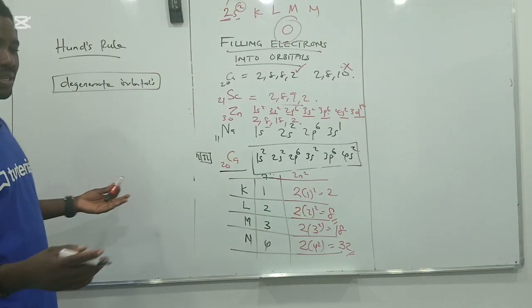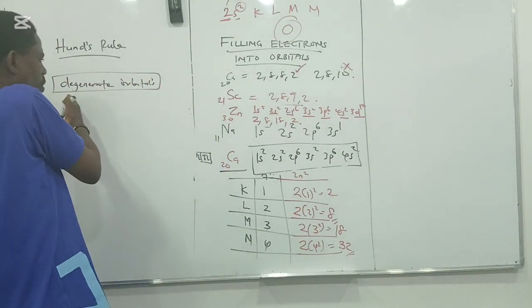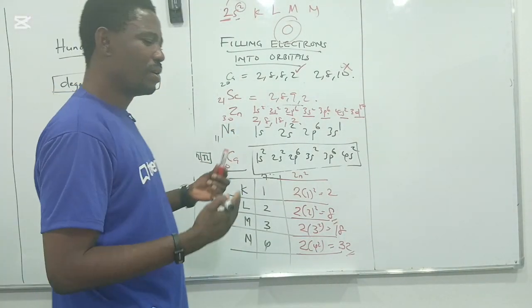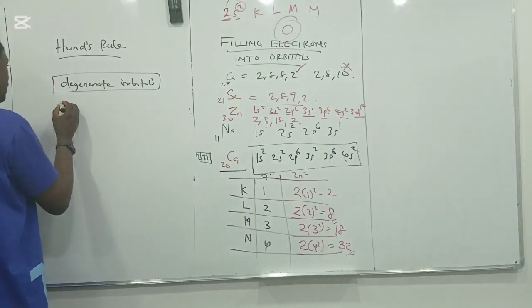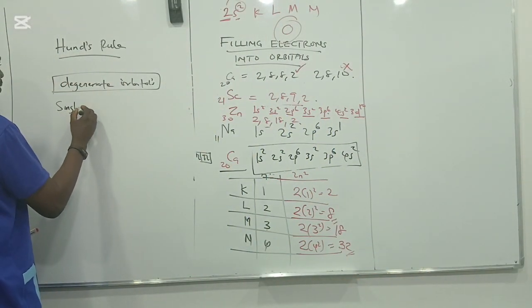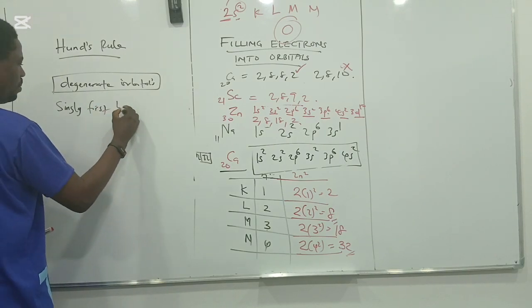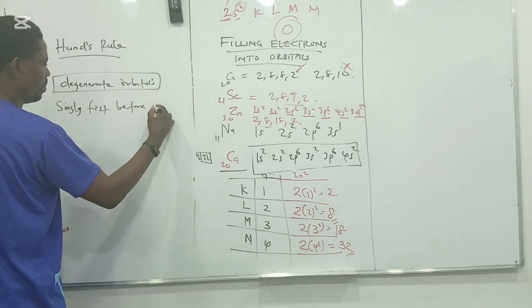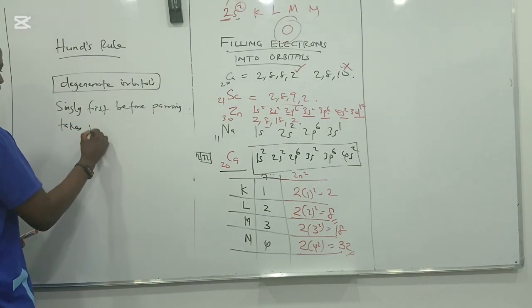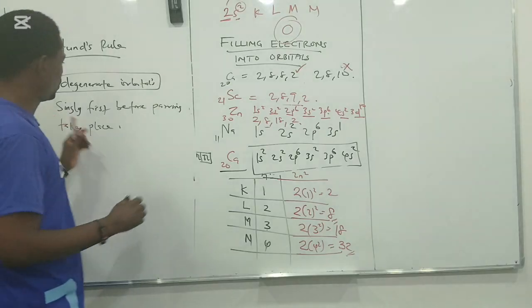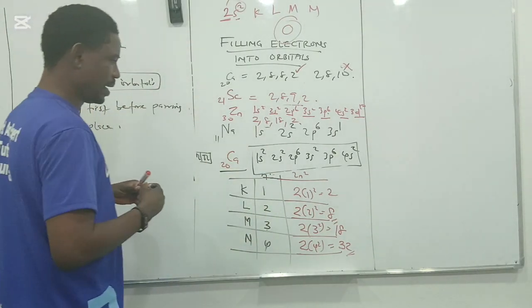So when filling electrons into orbitals of the same energy level, we fill singly first before pairing takes place.